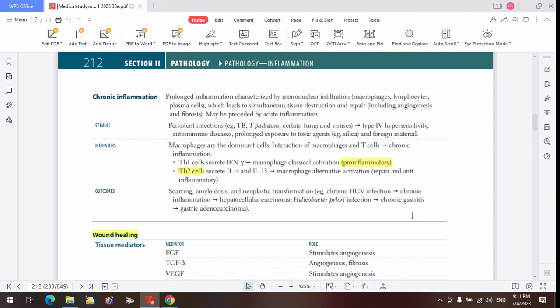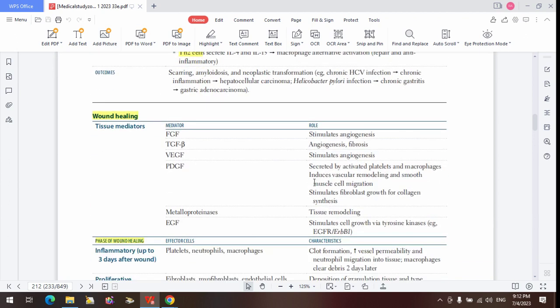And we said when we were talking about adaptation, that whenever there's a metaplasia, there's a high chance that it can go to dysplasia and go to cancer. So Helicobacter pylori can cause chronic gastritis that will proceed to form intestinal metaplasia that can now go on to cause gastric adenocarcinoma. Those are the outcomes of chronic inflammation.